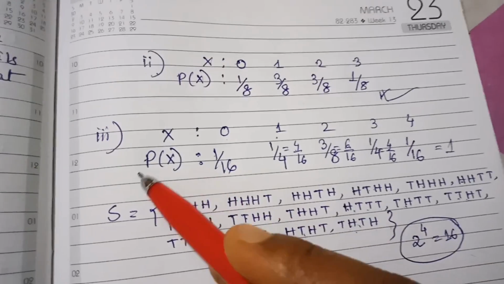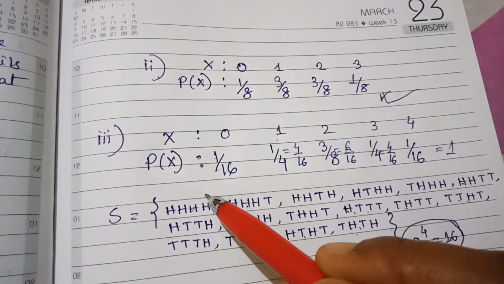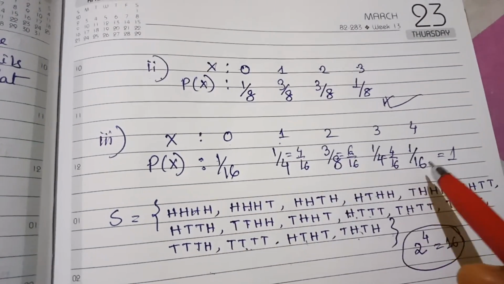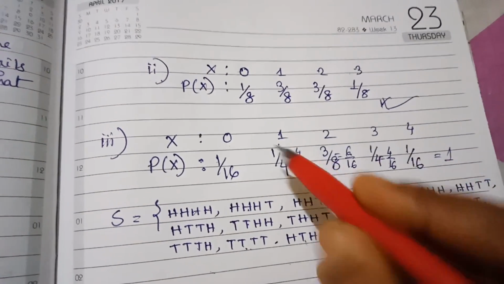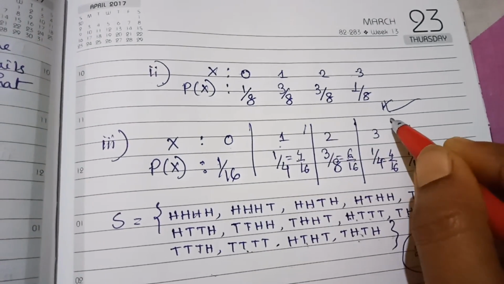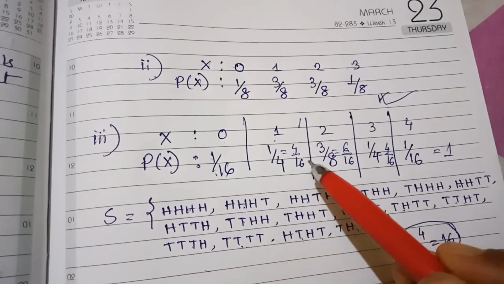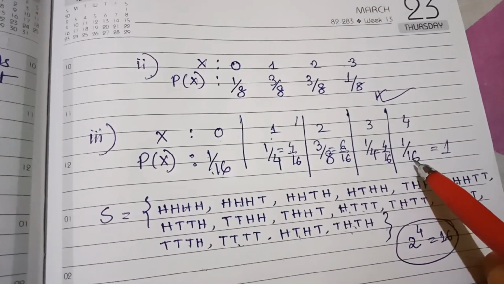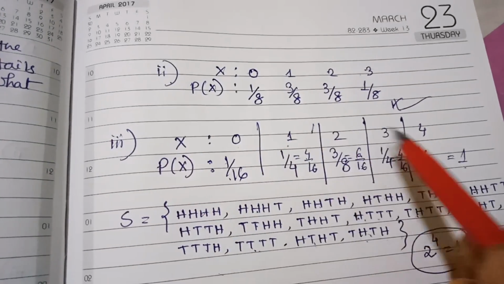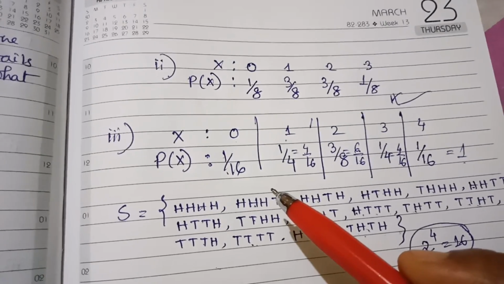That means whatever we have written in the probability distribution table is correct, because these probability values are non-zero and their addition is 1. That means the whole probability distribution that we have written is correct.